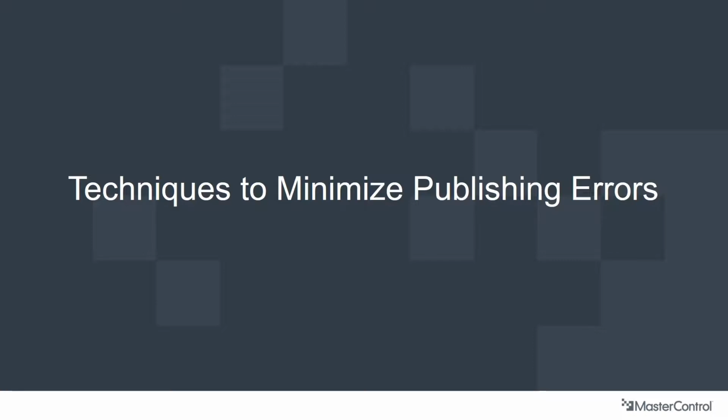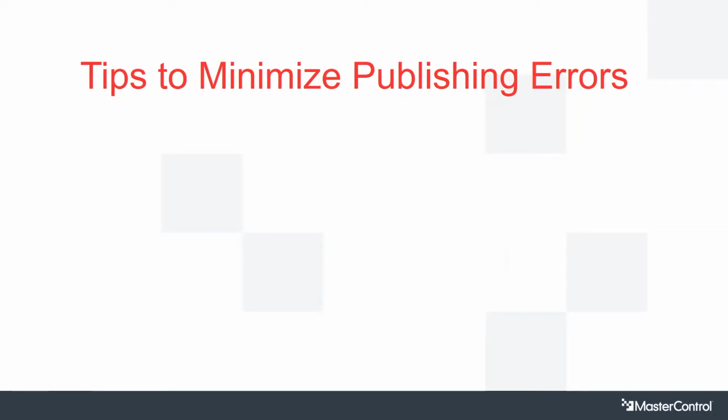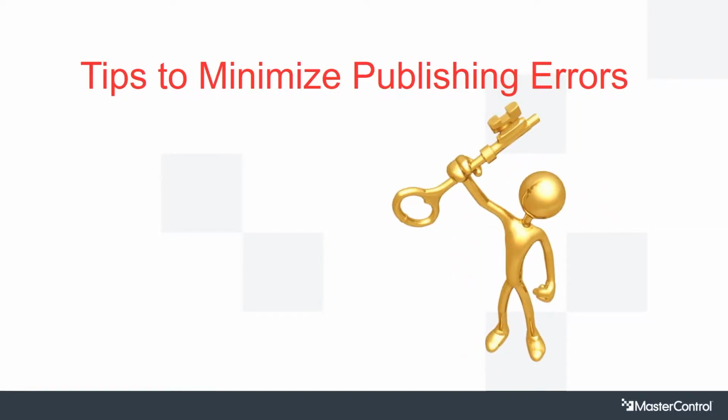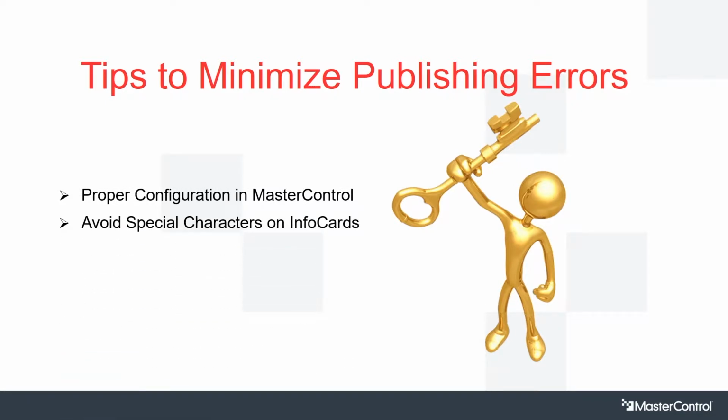Thanks, Jeremy. So I'll be talking about some techniques to minimize the publishing errors in MasterControl. The key to minimizing publishing errors in MasterControl is going to be your configuration, the settings that you're going to set up there, in addition to avoiding special characters in MasterControl.